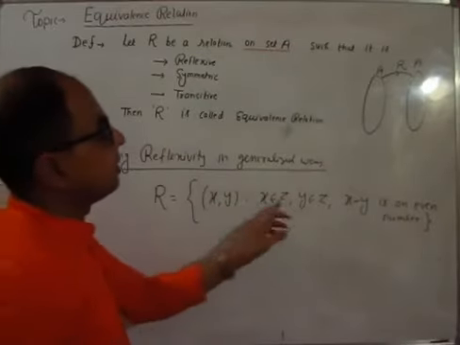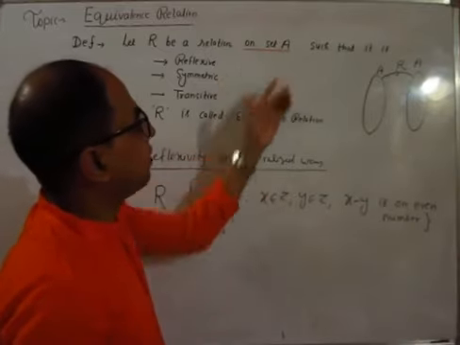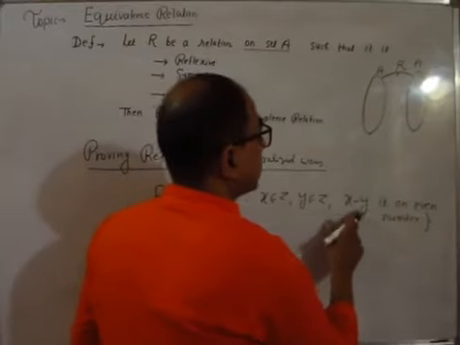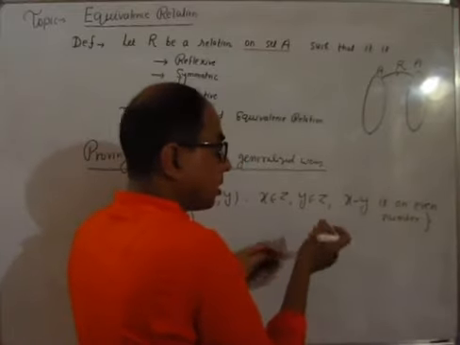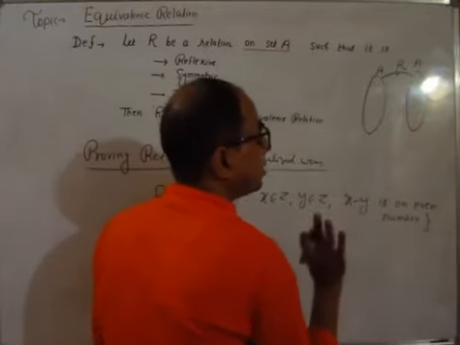Here the given set A is the set of integers. What is the relation? x is related to y if x minus y is an even integer.